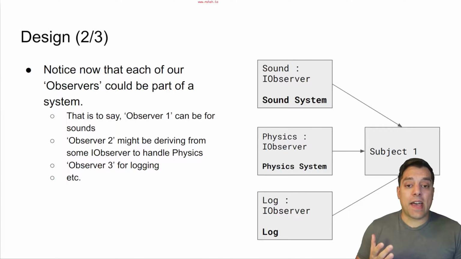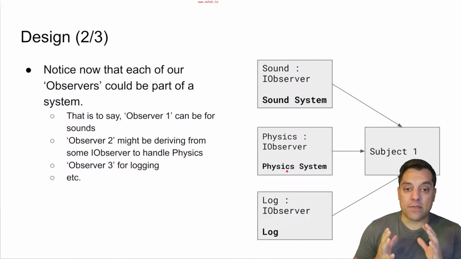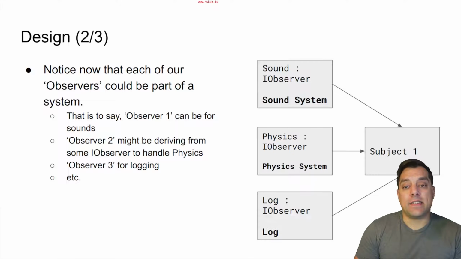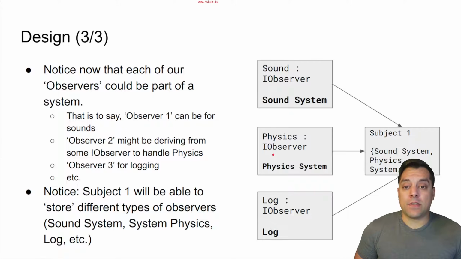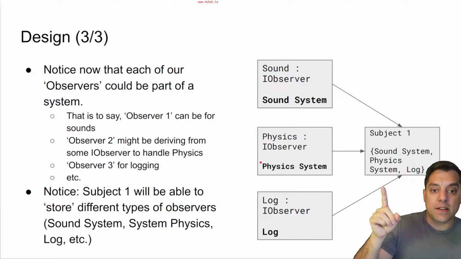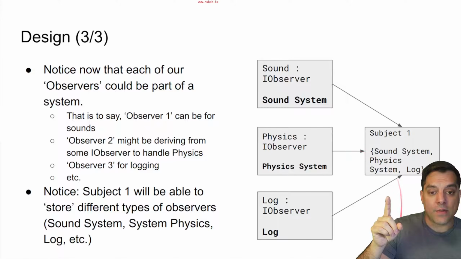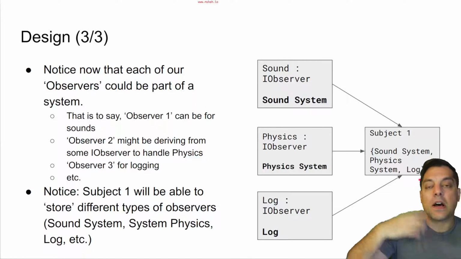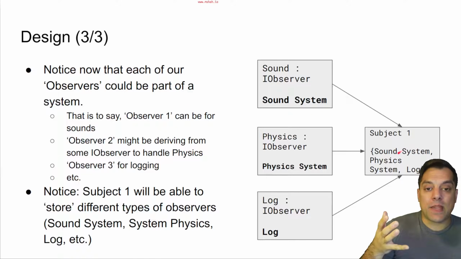Or we could even have multiple physics observers here, but we just want the ability to maybe notify a specific subset of them. Either way, that's the idea with the power that we want to be able to add into this system here. So we're going to see right above me here is that our subject is now able to keep track of sound system events, physics system, log, etc., and be able to notify specific observers that belong to these systems. So that's the idea.